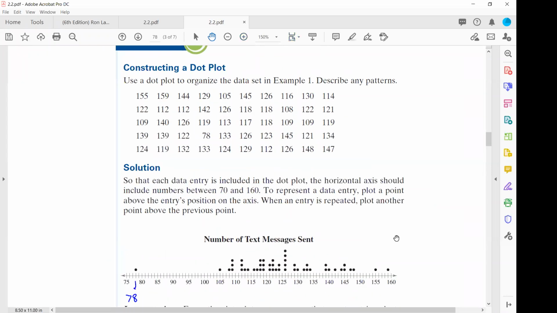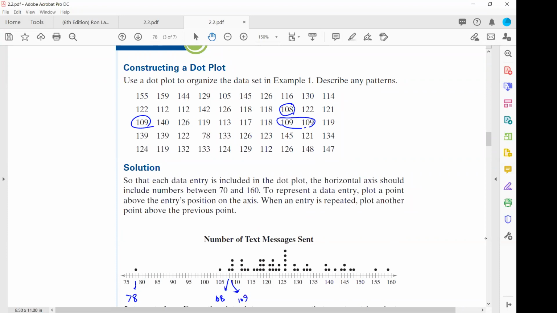Then after 105, what did we have? Okay, 108, just one 108, so one dot on top of 108. Then remember that you had 1, 2, 3 of 109, so you use 3 dots to represent 109.